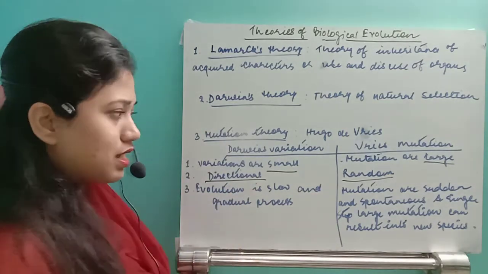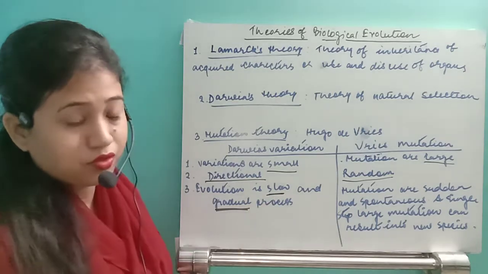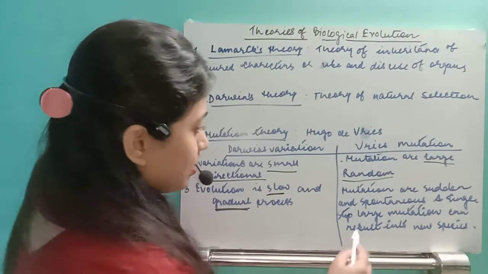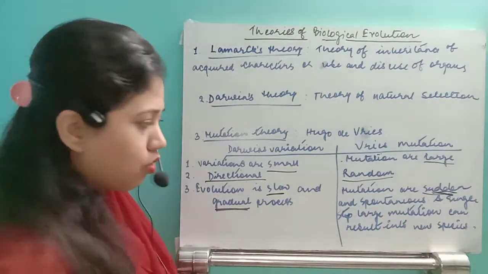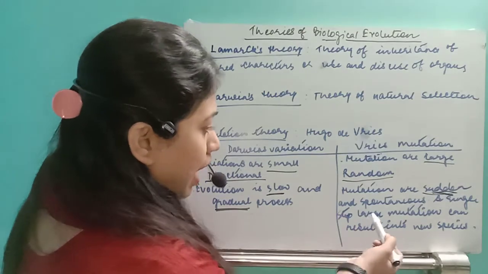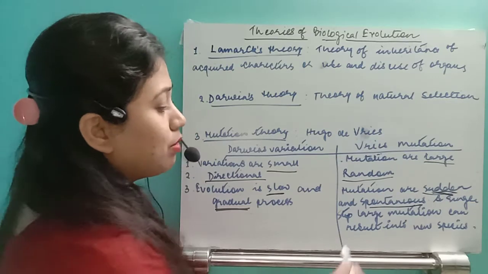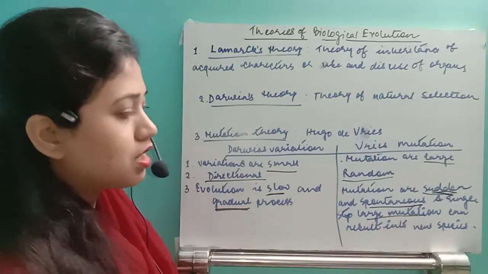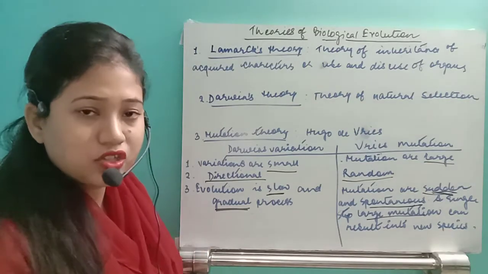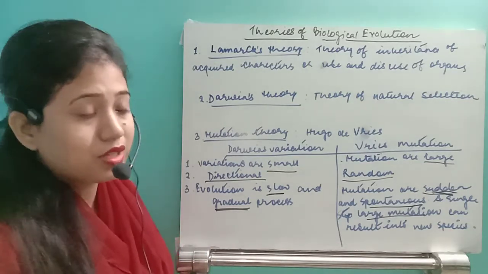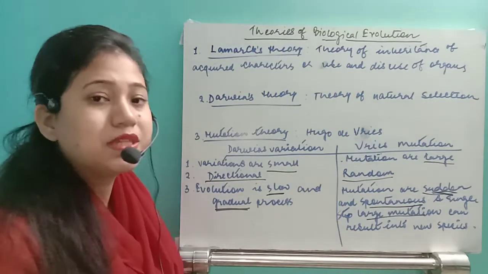Next, Darwin says that evolution is a slow and gradual process, while Hugo de Vries said that mutations are sudden. This is not a slow process. Suddenly it can occur, and it is spontaneous. A single step large mutation can result in a new species, right? So suddenly some changes can occur in the germplasm, and after that evolution suddenly occurs and species arise.